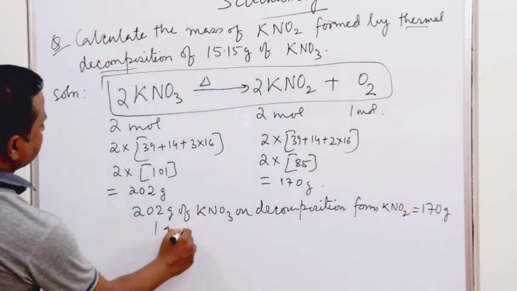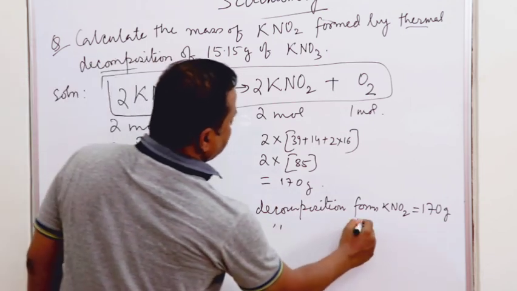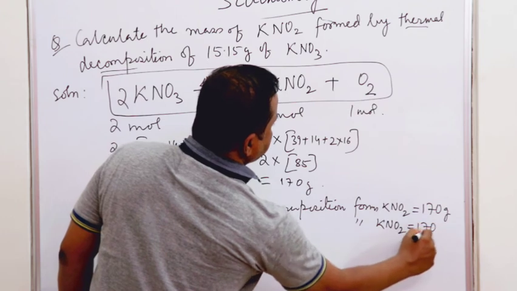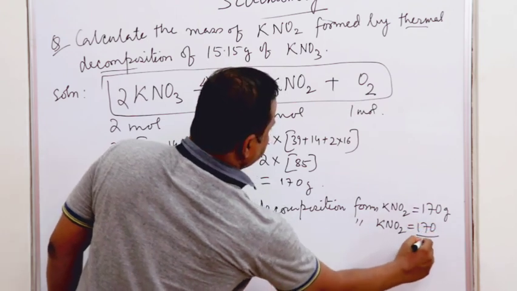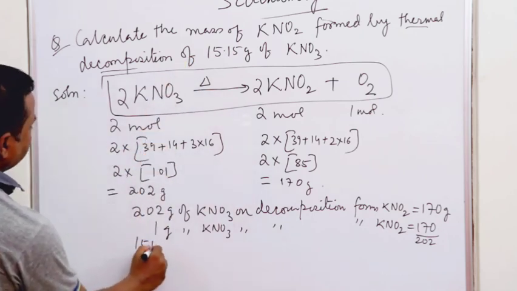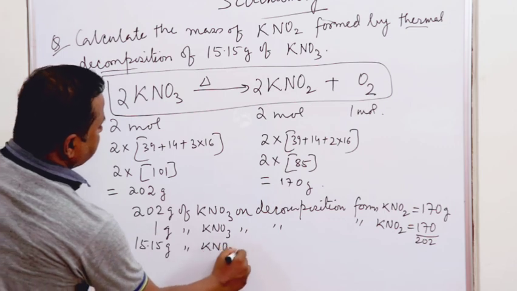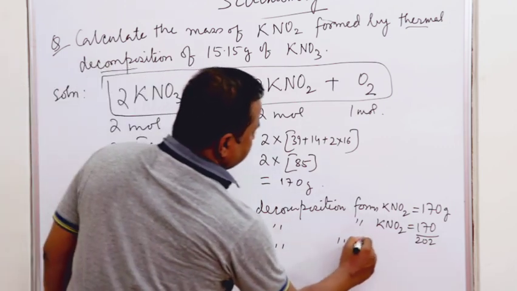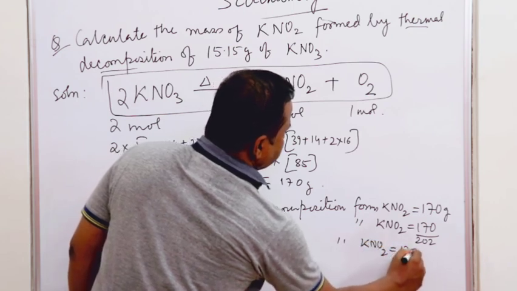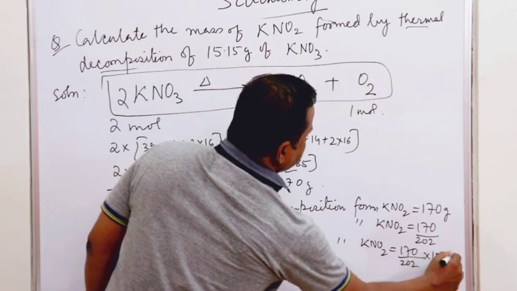So 1 gram of KNO3 on decomposition forms KNO2 equal to 170 divided by 202, and in the question you are asked for 15.15. So simply multiply: KNO2 is equal to 170 divided by 202 into 15.15.